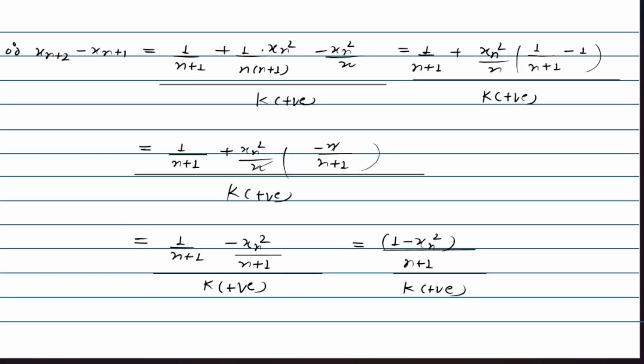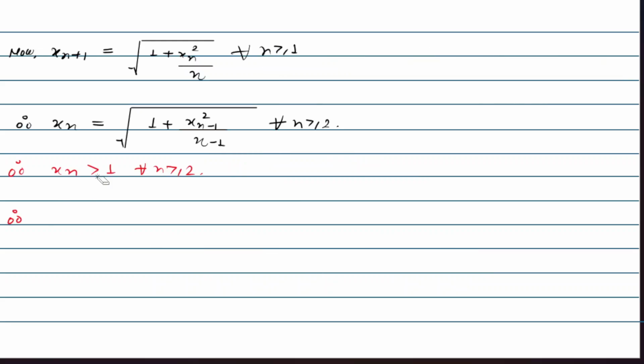Now note that from here, if I square both sides, I will get xn square is greater than 1. This implies 1 minus xn square is less than 0. So I am using this inequality here.